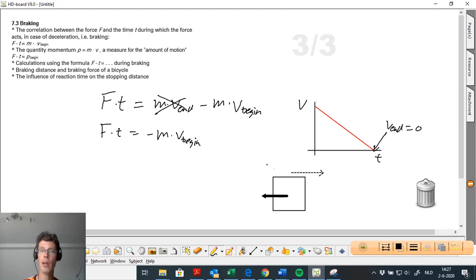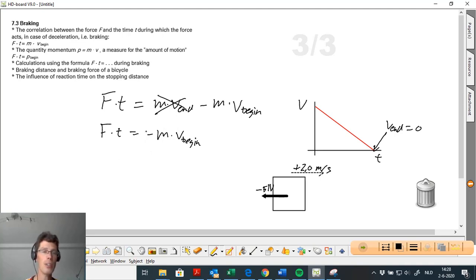For example, if it would have a speed of plus 2 meters per second, then I would need to indicate the force as a negative number, for example minus 5 Newton, because to the right is plus and to the left is minus. And if I do this consistently, then the minus sign disappears, because I'm filling in a negative number over here, and the minus sign makes this side also negative.